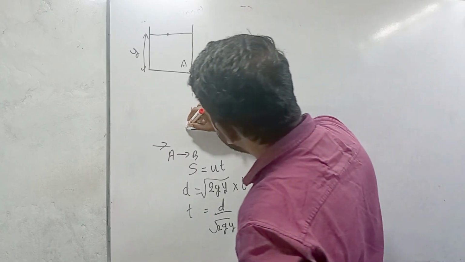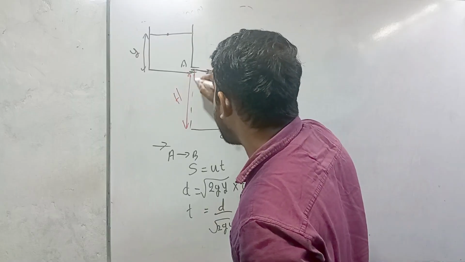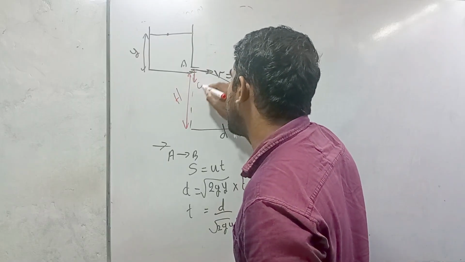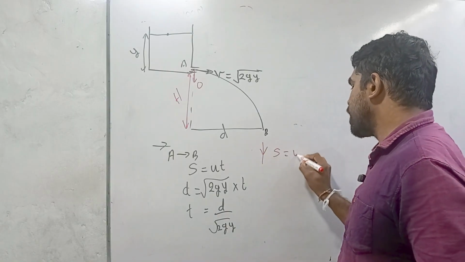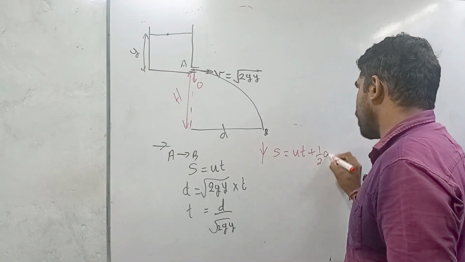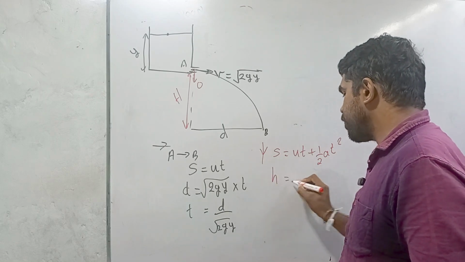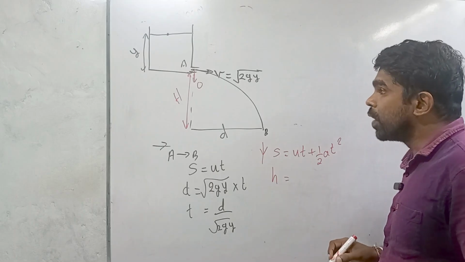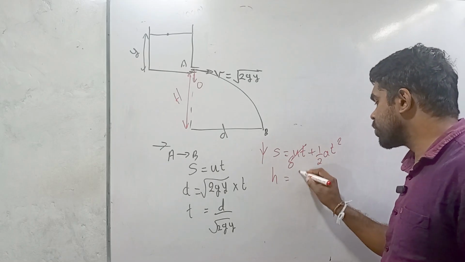Then if this height is given as simple h, we can use initial vertical velocity as 0. Then we can use vertically s equals ut plus half at squared. Initial displacement is h. Initial downward velocity is 0. Therefore, the u term is 0, the ut term also 0.